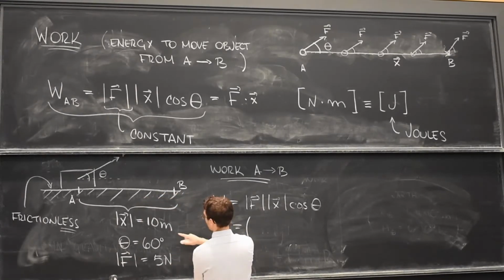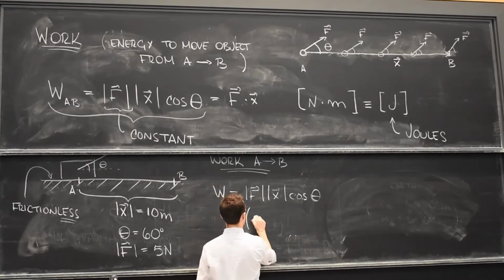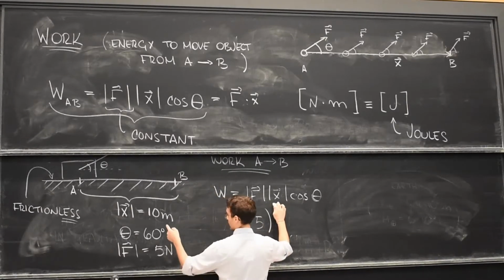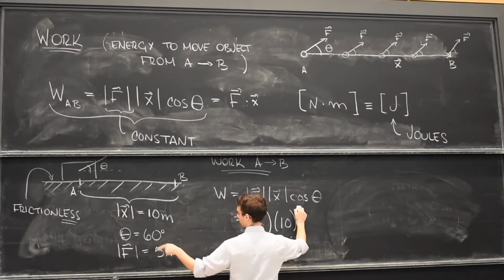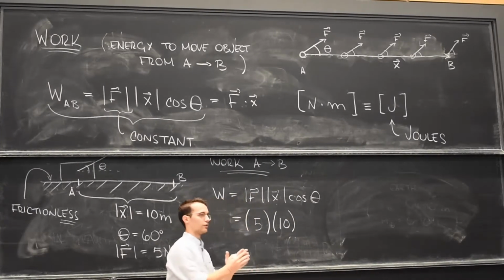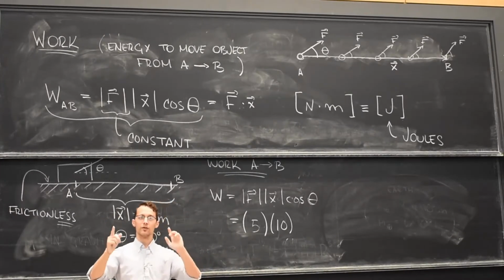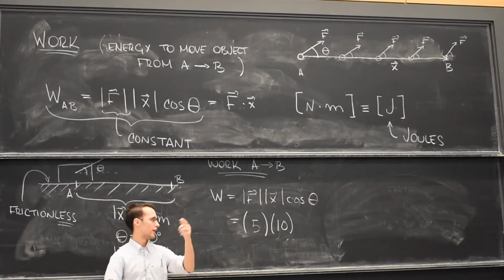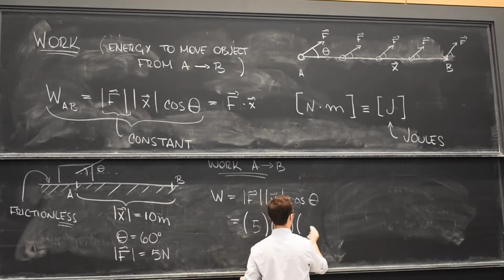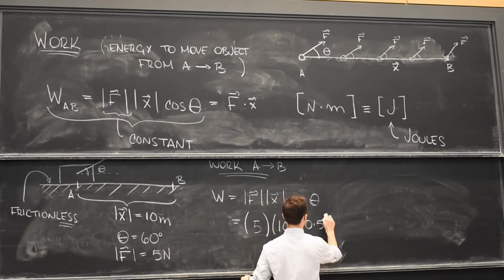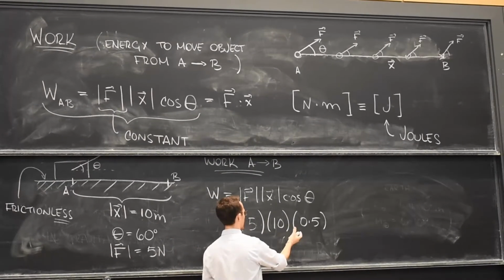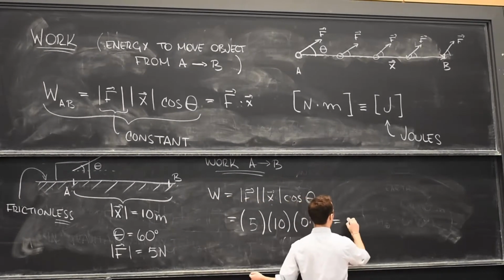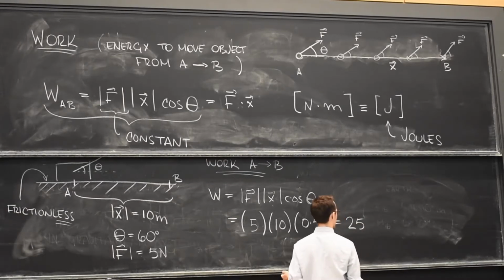All right, so F is 5, X is 10, cosine of 60. Let's go cosine of 60, anyone? 0.5 or a half, perfectly fine. All right, very good. So 0.5 times 10 is 5, 5 times 5 is 25.